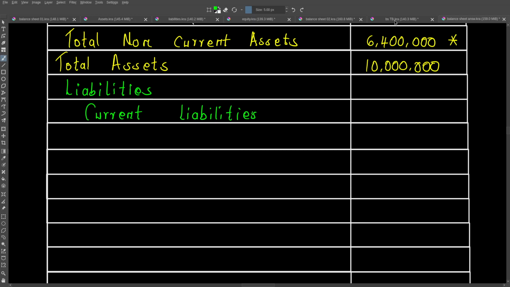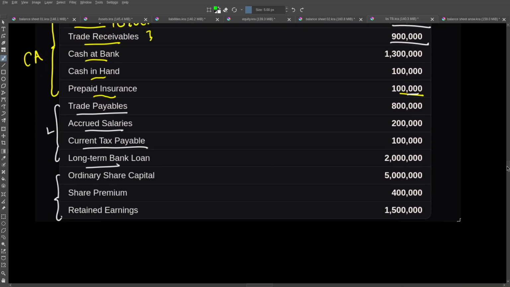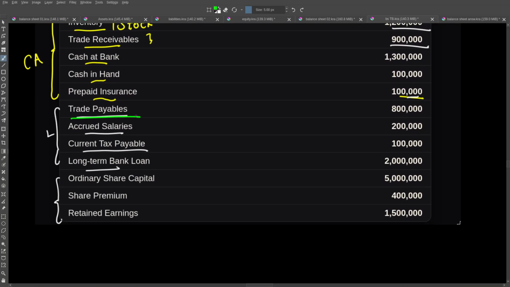So what is our current liabilities here? We have trade payables. Trade payables is when you go and buy from your supplier on credit, you are expected to pay them within a period of 12 months. What about accrued salaries? You don't want to keep your employees unpaid for more than 12 months, so this is a current liability.